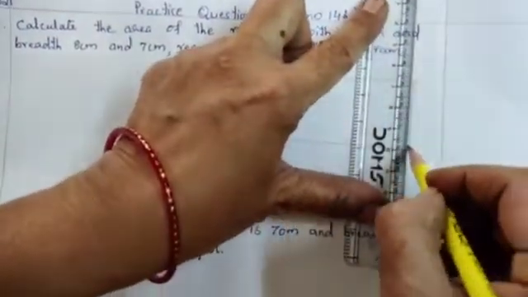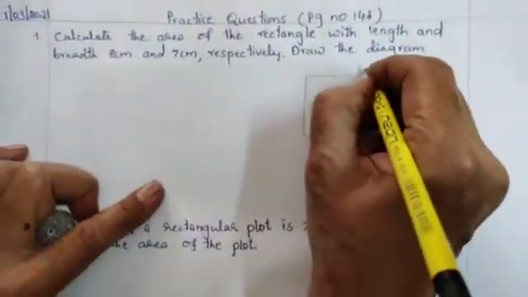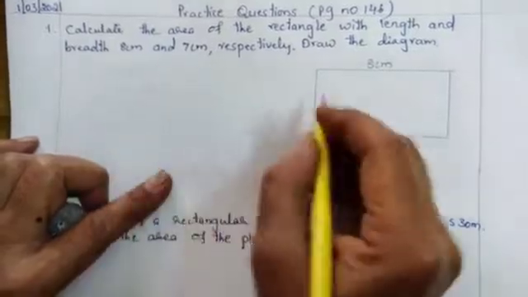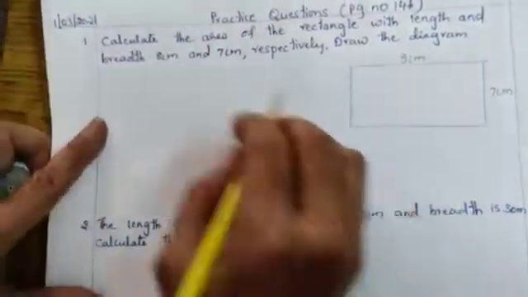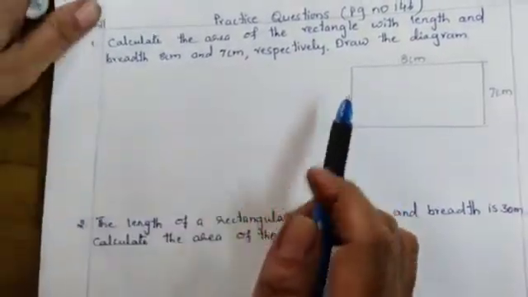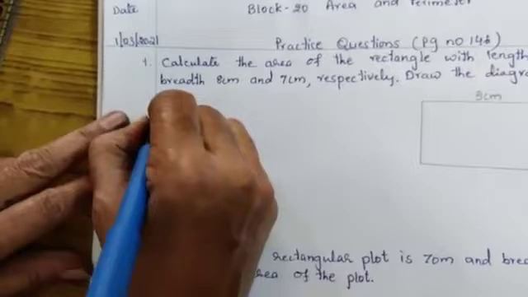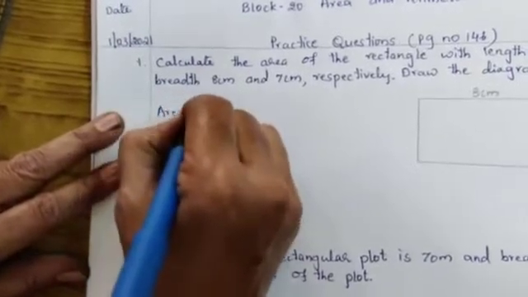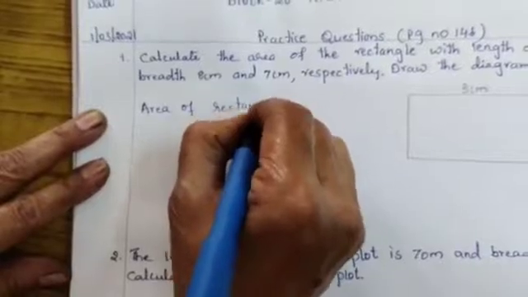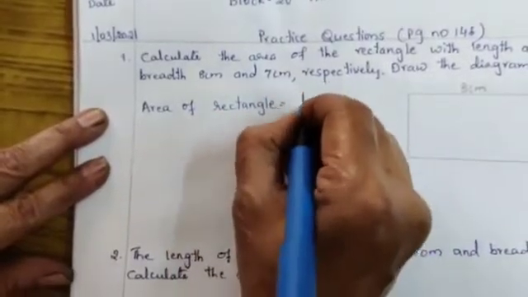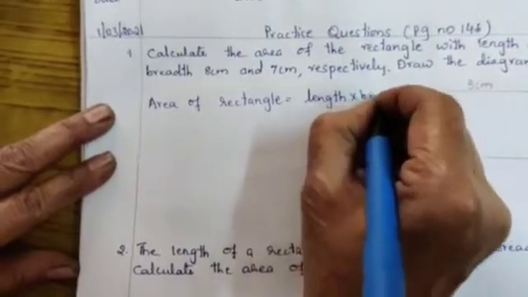Not exact measurement. Now the length is given as 8 cm, and the breadth is 7 cm. Now find the area. Area of a rectangle is equal to length into breadth.